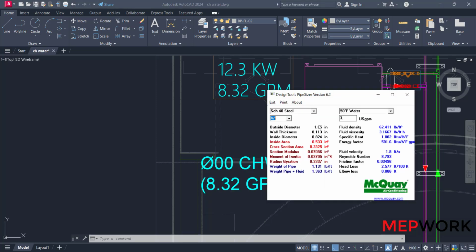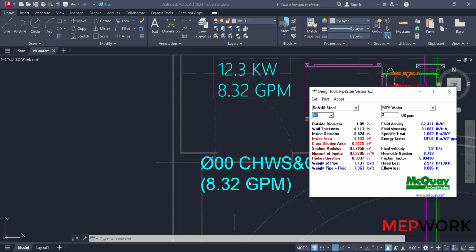Go to Pipe Sizer. 8.32 needs... try the 1-inch pipe. It can carry 5.6 GPM, so it's not accepted. Try the upper size, 1¼ inch. It can carry 12 GPM. 12 GPM is greater than 8.32, so this size is accepted.